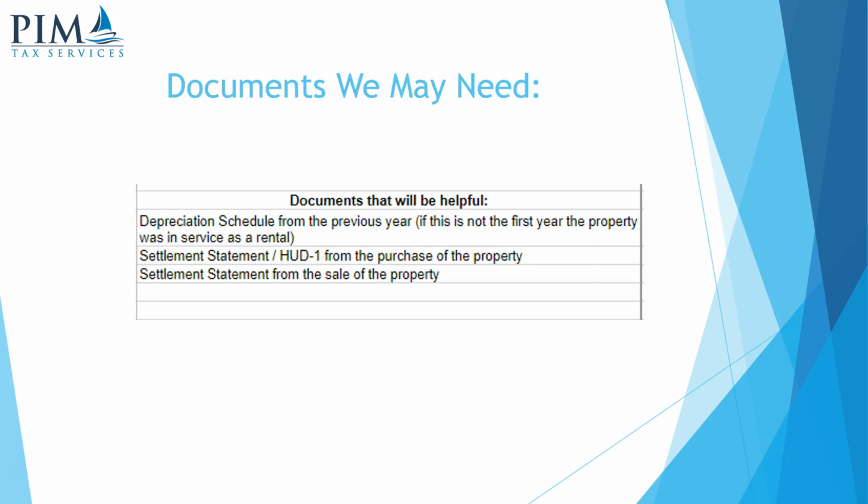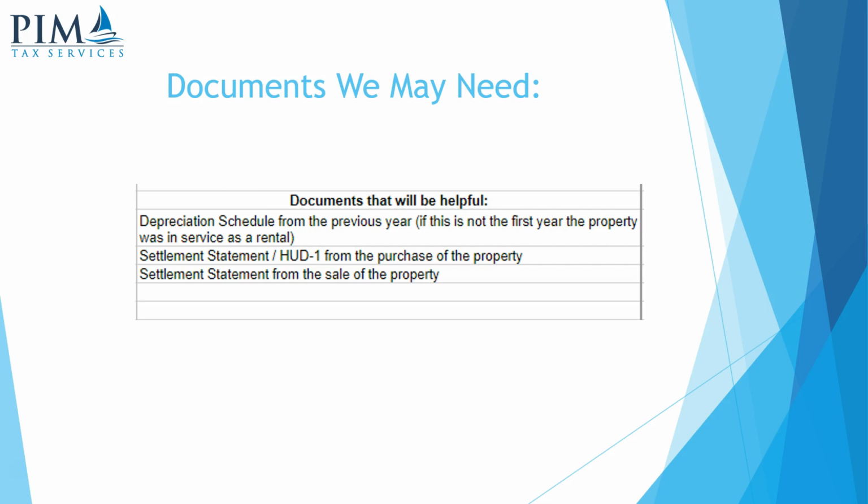All right, other documents that might be helpful include a depreciation schedule. If the property was in service in a prior year, then the most recent depreciation schedule is highly useful. That usually looks like a table. It's usually also printed landscape if you have a hard copy of your prior year tax returns. That can be really useful for me to know what the accumulated depreciation is on the property and the original basis, etc. And also then from the purchase of the property, your settlement statement or HUD-1.